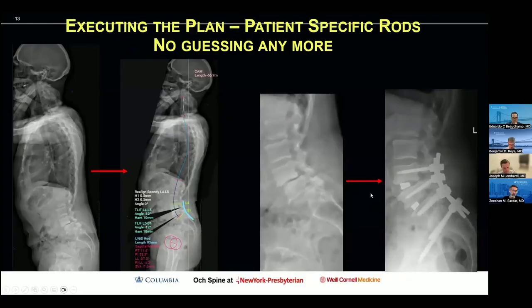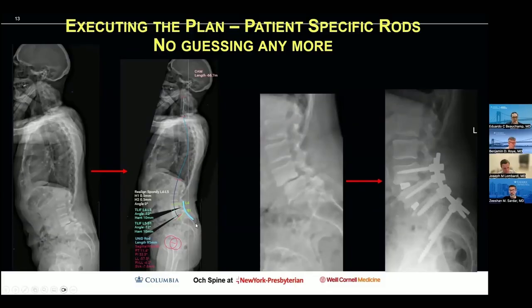And then coming back to how we execute the plan, as far as alignment is concerned, it's nice to plan the alignment, but you have to have a tool to then carry out that plan. And that's where I use patient-specific rods, even for degenerative cases, even for 1-2 level cases. As you can see here, a patient with spondylolisthesis and collapse at L5-S1.